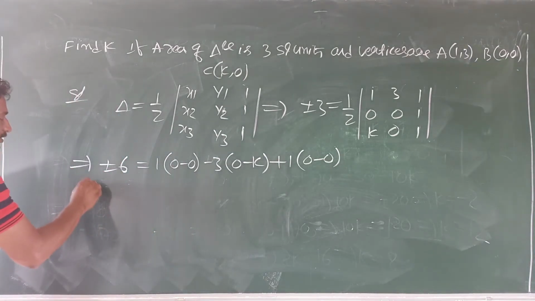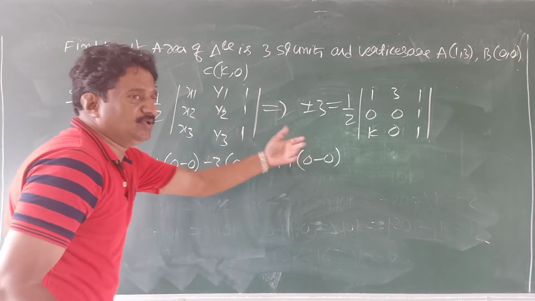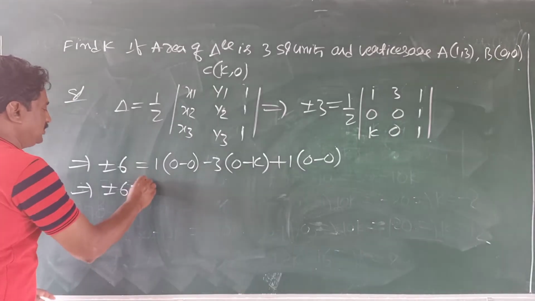That implies plus or minus 6 is equal to, this is 0, this one is also 0, leave that, minus into minus, plus 3k.